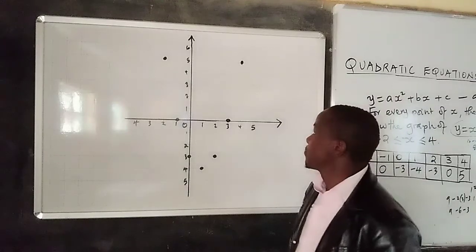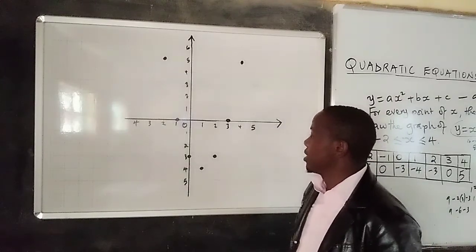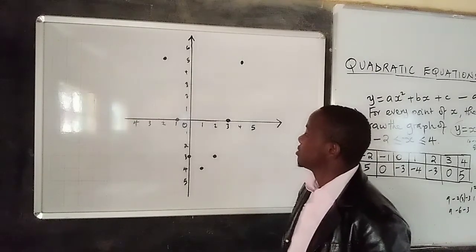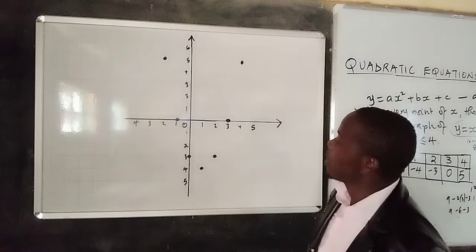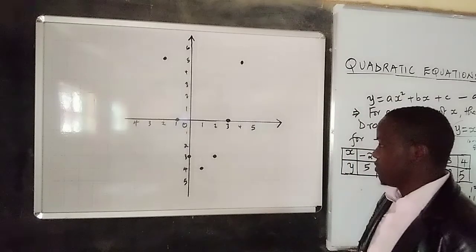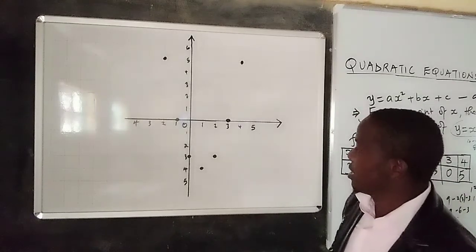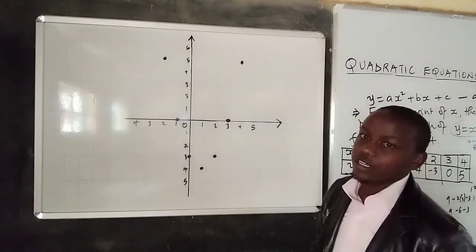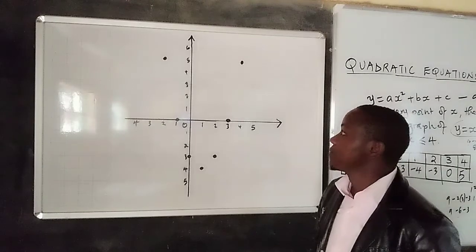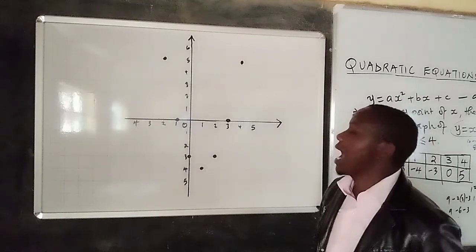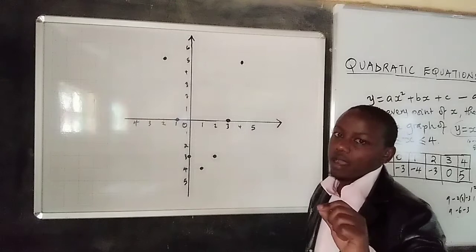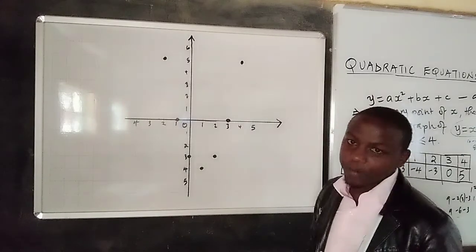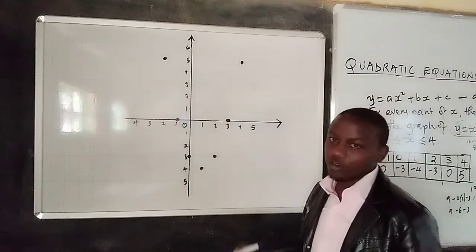Now we join them using a smooth line without any bends and without lifting the pencil. So using again another note, whenever you're coming up with the quadratic curve, you should ensure that after you have plotted the curve, your dots should remain visible, either a dot or a cross.